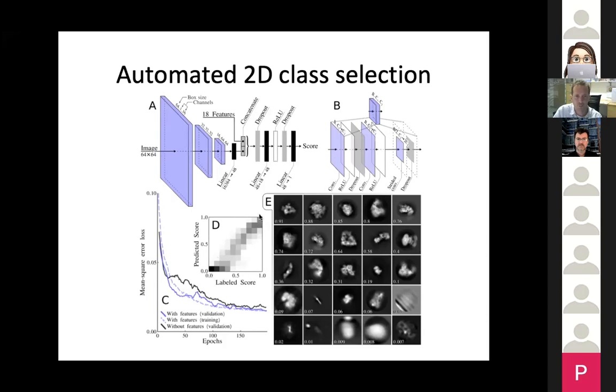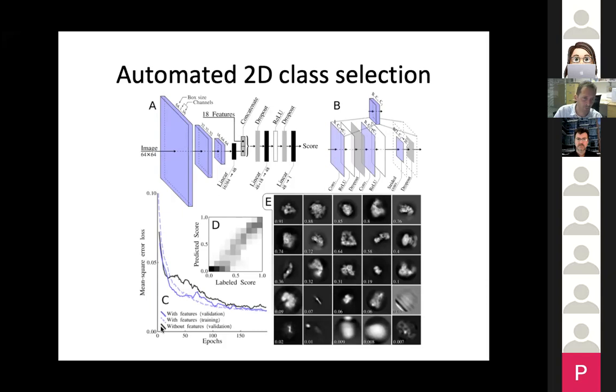You can see the network does a reasonably good job at predicting the score that Lee also assigned to these class averages. There are also some randomly chosen examples of class averages from the data set with their learned predictions in the top left and the bottom left here.